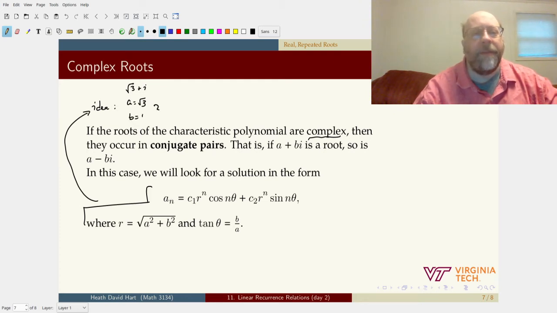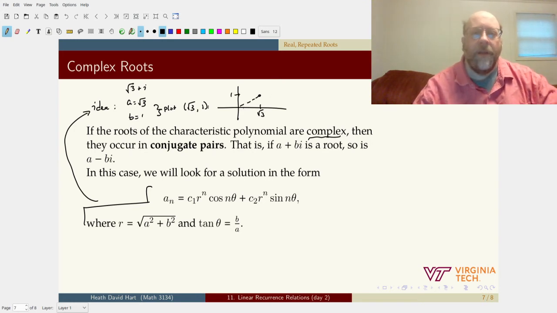If I plot this, square root of 3 and 1, I have a point that's a certain distance from the origin. The radius out to that point is just a Pythagorean theorem. It's the square root of 3 squared plus 1 squared, which is 2.